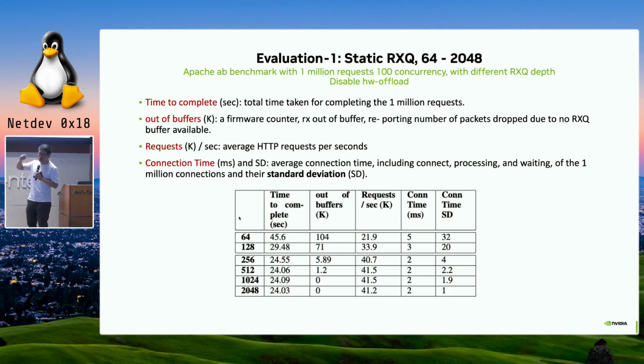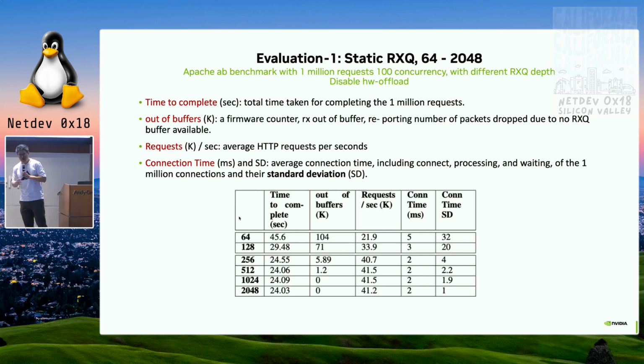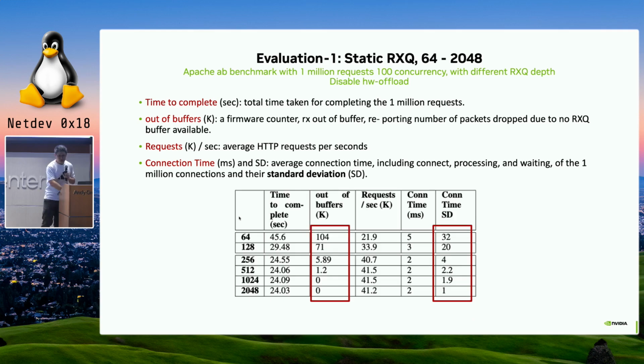Remember, we're tuning different RxQ buffer sizes from 64 to 2K, and this is a counter we have to get from the driver. Requests per second is the average HTTP requests per second. And also the connection time, which involves the connect process and waiting time for Apache AB.